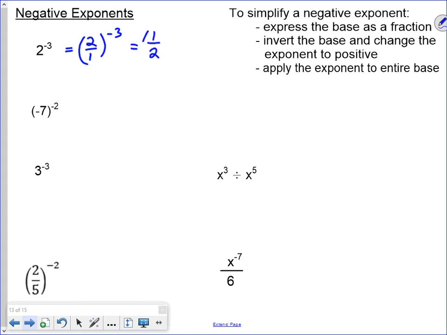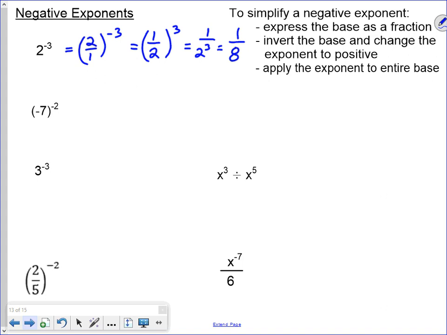And when we do that, we can change our exponent from positive to negative. Okay? Flip it over, change the sign. Then we've got (1 over 2) to the power of 3. That exponent of 3 applies to both the numerator and the denominator. So we're going to get 1 over 2 to the 3, which is just 1 over 8.